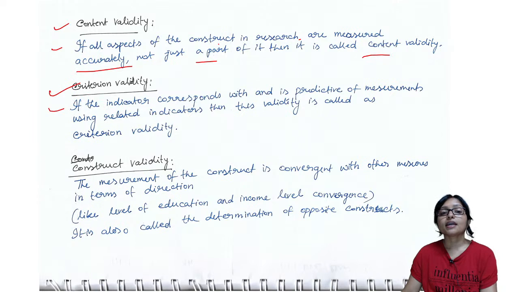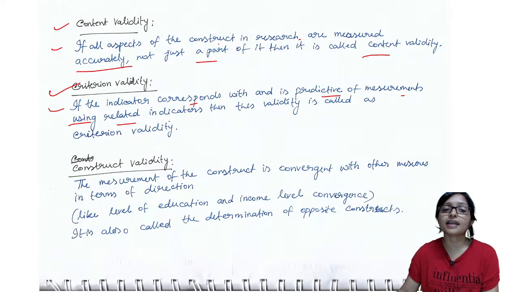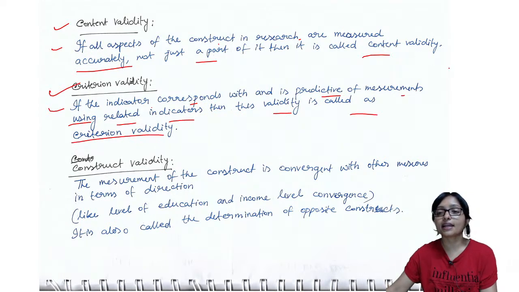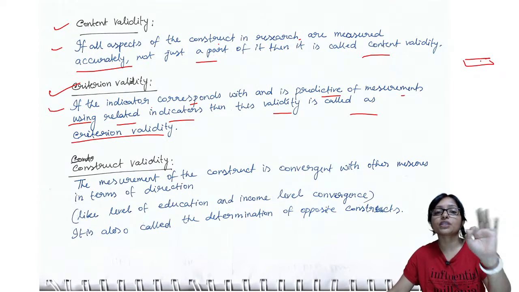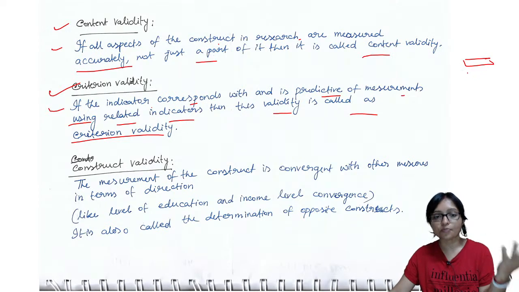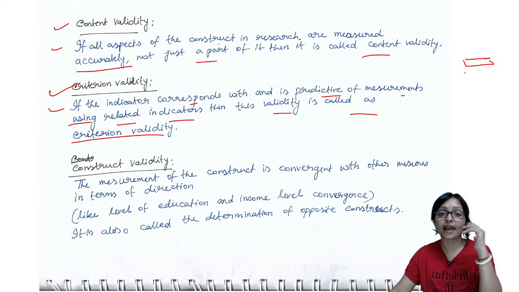Criterion validity: if an indicator corresponds with the predictive measurement using related indicators, the validity is called criterion validity. There is an indicator, and if you reach it, then it will show this is correct. Means there is a specific criterion, like cut-off marks. If you get the cut-off, then you will pass the exam. If you are not able to reach the cut-off, then you will fail. That is criterion validity.